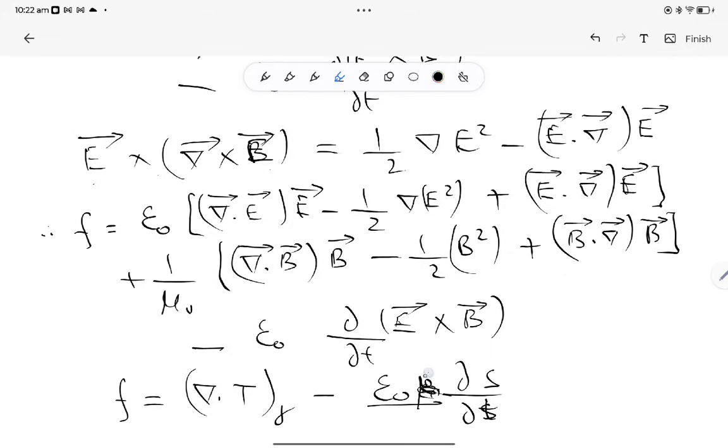It is okay, mu naught, because E cross B divided by mu is equal to S. So E cross B is mu S.